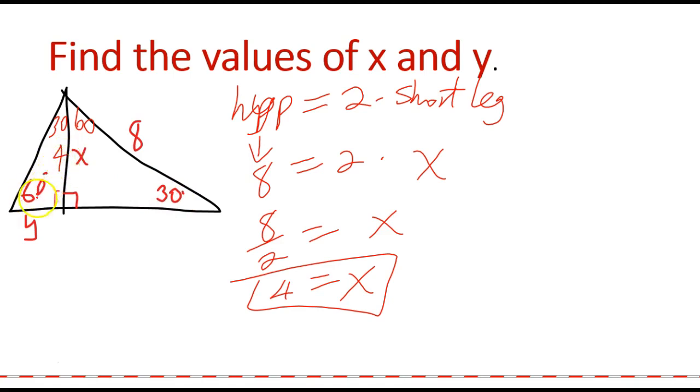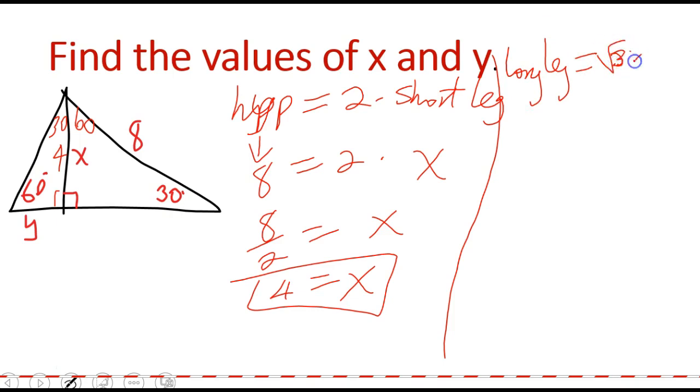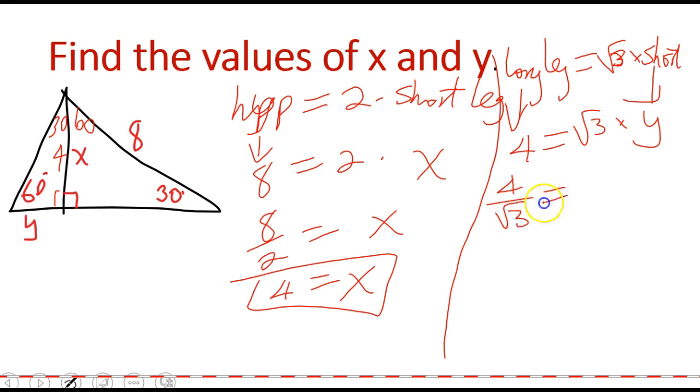So we know the longer leg, so we have to write the formula that uses the longer leg. Y is the shorter leg. So we write that the longer leg is the square root of 3 times the shorter leg. So always write that formula. Once you write the equation, plug in what you have. So the longer leg is 4, equals square root of 3 times the shorter leg Y. And then we solve for Y, which is going to be divide both sides by square root of 3.